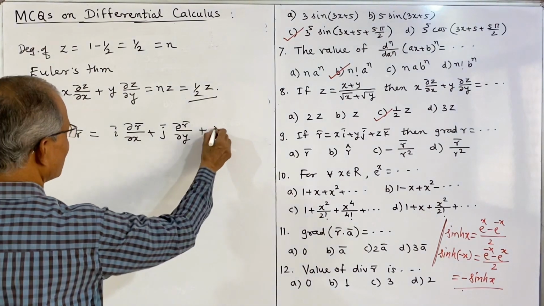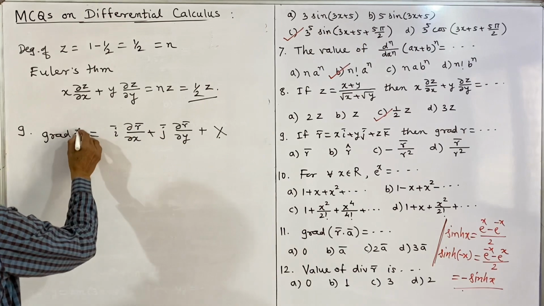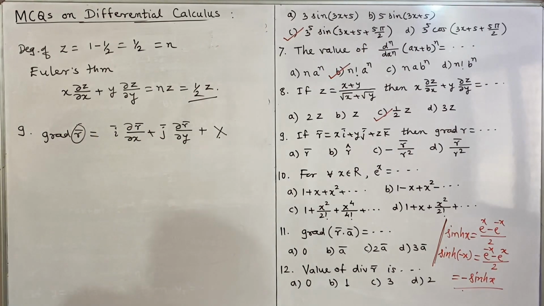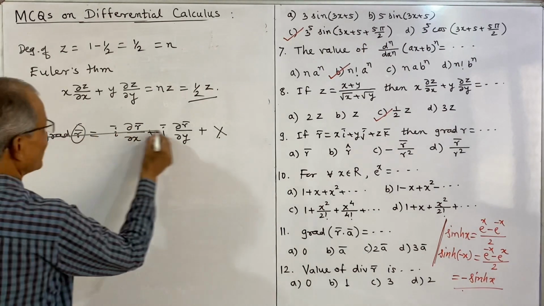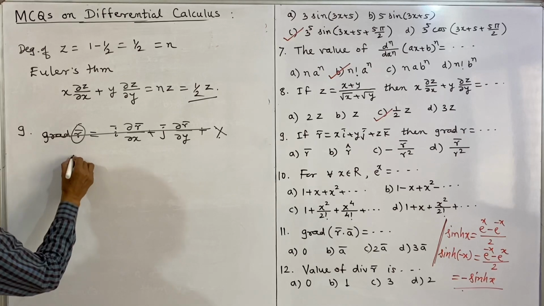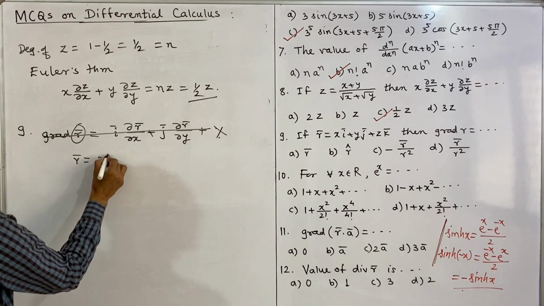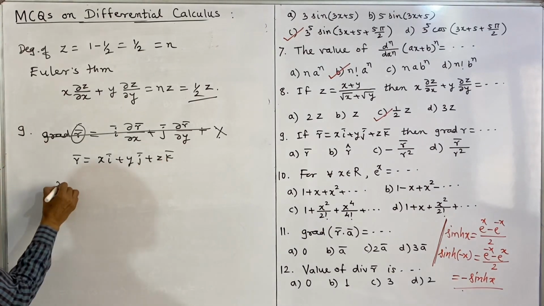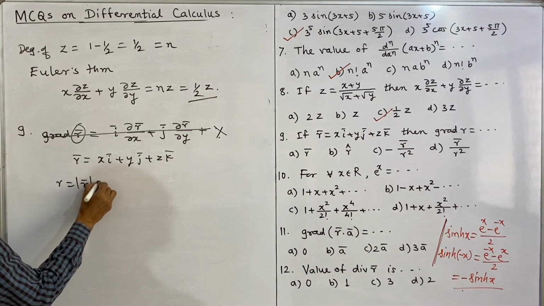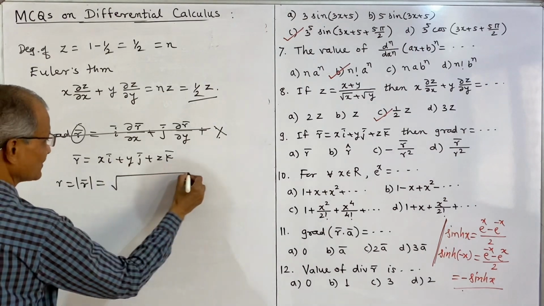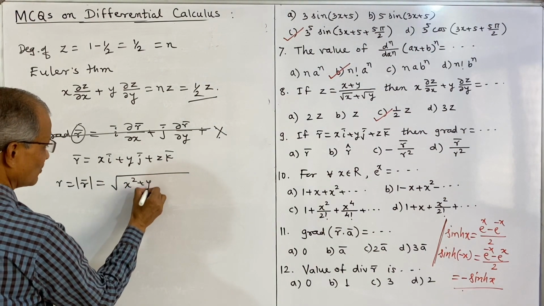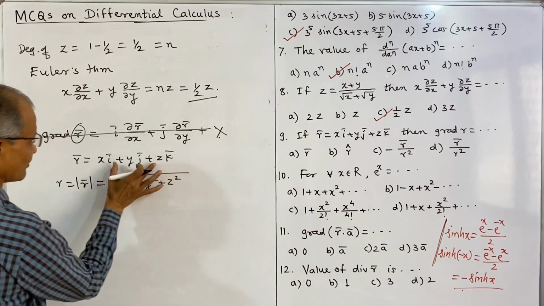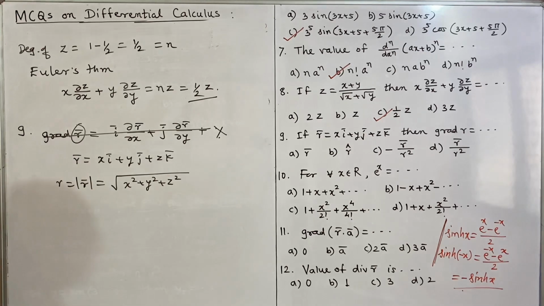So, this is not correct, because gradient is defined for scalar functions. So, what we have to consider is, if r bar is xi plus yj plus zk, then what is r? R is the magnitude of r bar, this vector, and the magnitude is root of x square plus y square plus z square. Magnitude of this vector is this one, and we want to find the gradient of this.